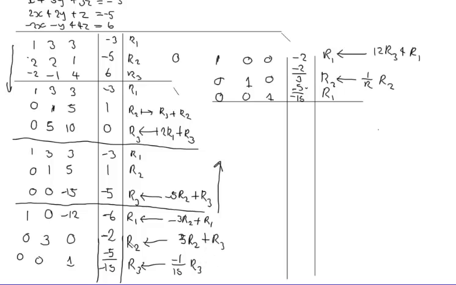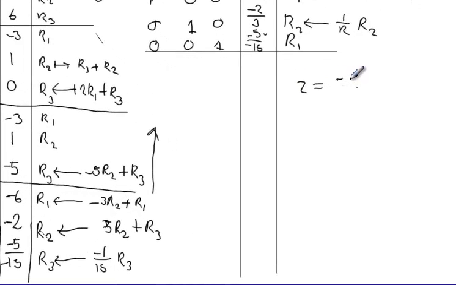Yesterday, let's talk about yesterday. Yesterday for this system, we got that Z was equal to minus 5 over minus 15. Notice one thing now.